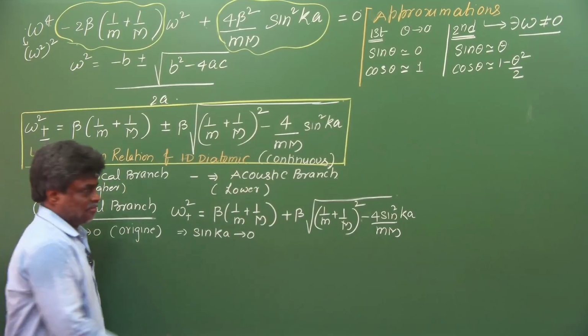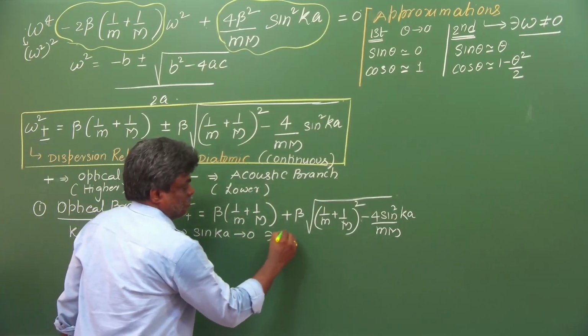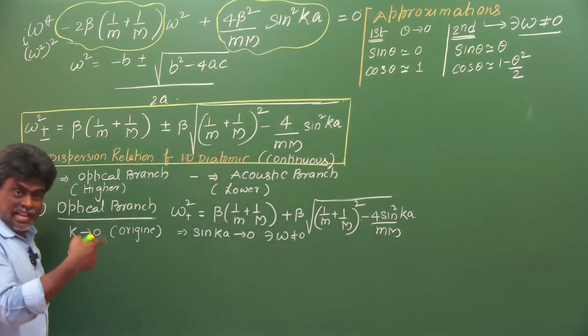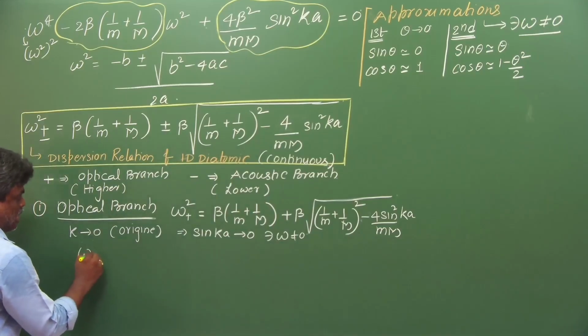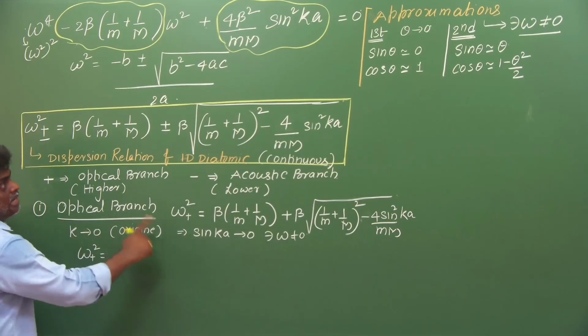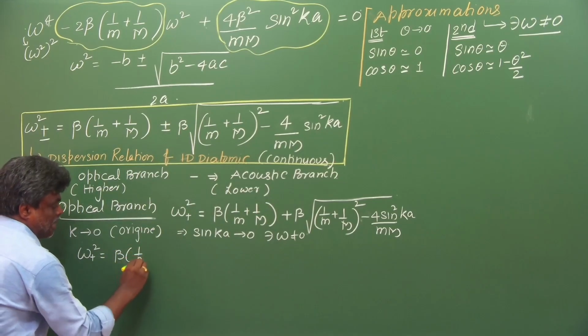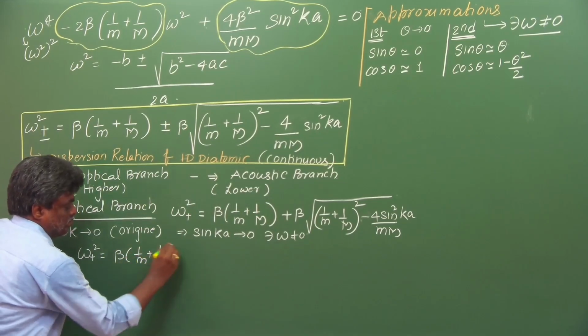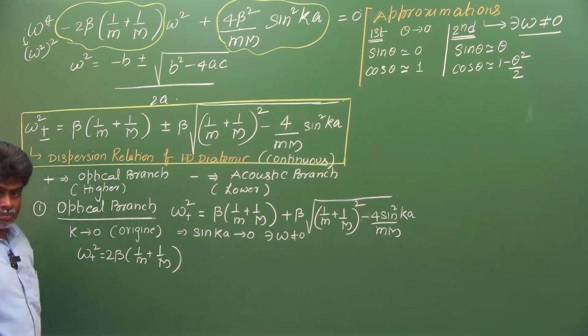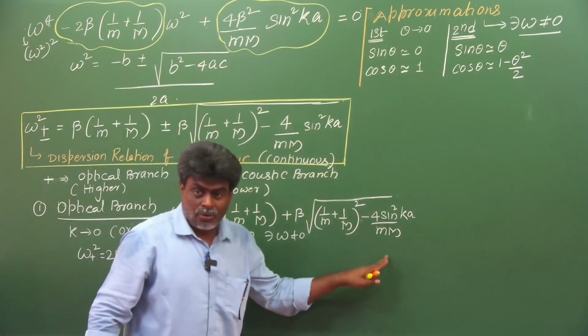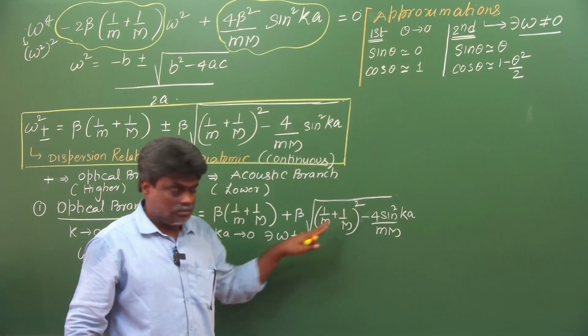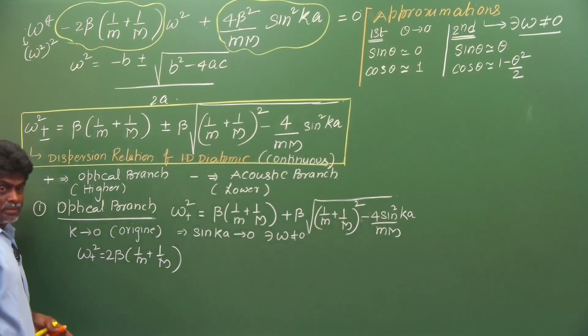No. Omega plus square equal to, I hope everybody understands the meaning of that, beta by m, because this is 0 and root and square gone, so both are the same. Any doubt? Is it dependent on k or independent of k?